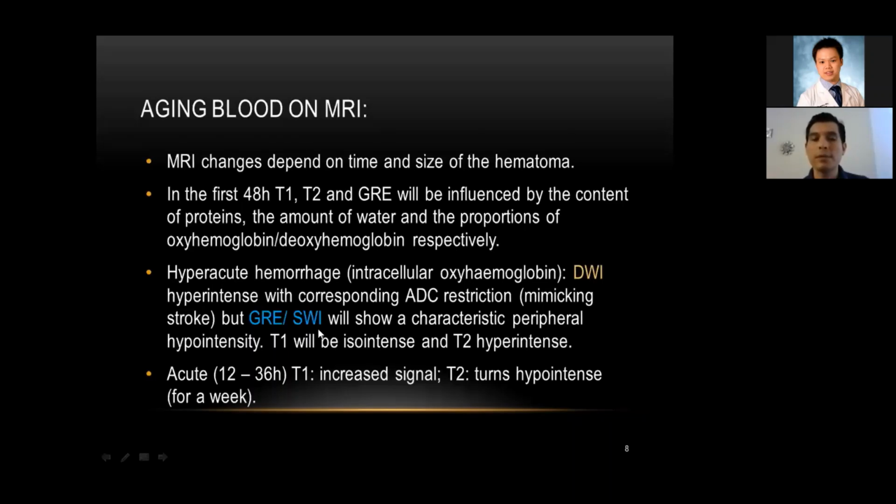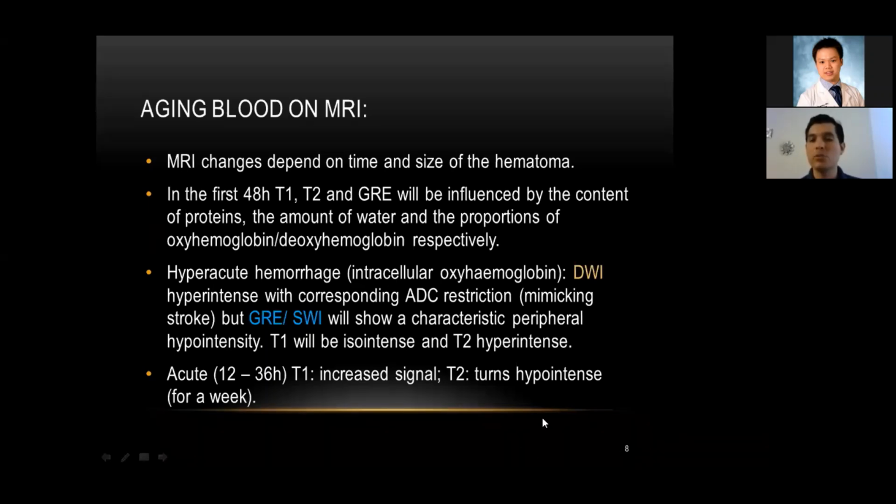So we will see this like a halo, a peripheral halo, that is very thin at the beginning, and then it gets thicker. T1 will be isointense, and will remain isointense, or will increase signal in the second day, and this is because of the increase of proteins in the hematoma, because of the fibrin, because of the contraction of the blood.